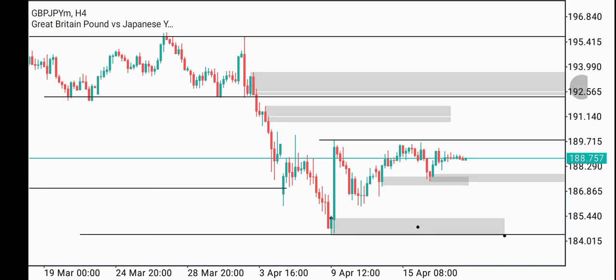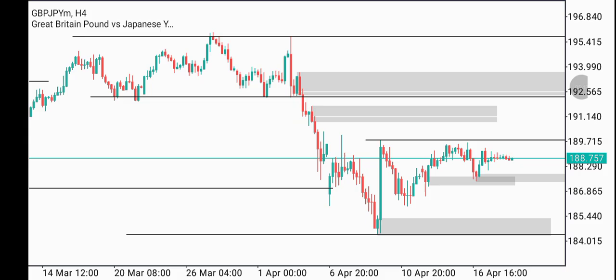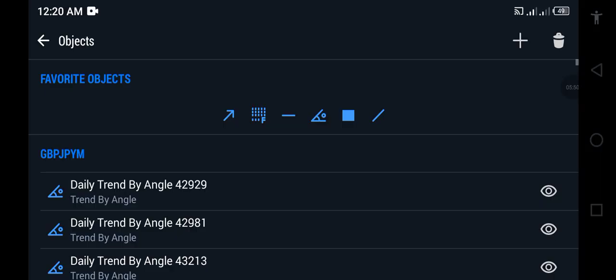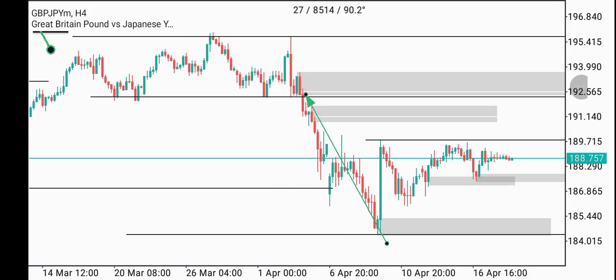So at this period, I did not really find any confluence to place any trade. The market was dropping rapidly to the downside, so I did not really find any way I can jump into it. So I was patiently waiting for any pullback and continuation.